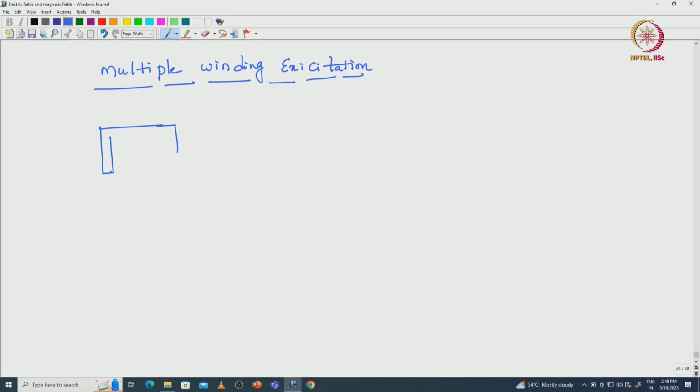On one side the stationary C type core with permeability mu and cross sectional area Ac, and on the other side the moving I core which has permeability mu and area again Ac. Here the air gap length is Lg by 2, this distance Lg by 2.